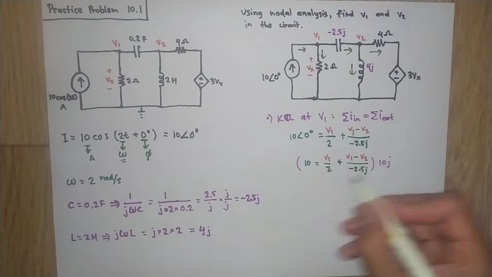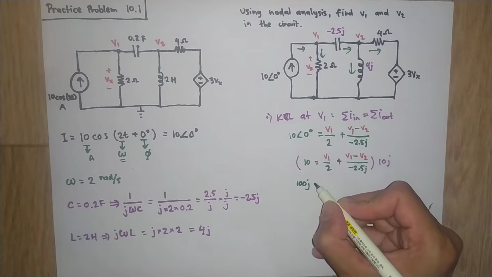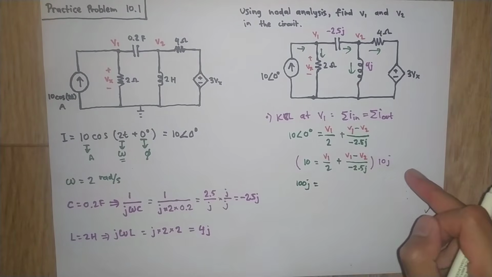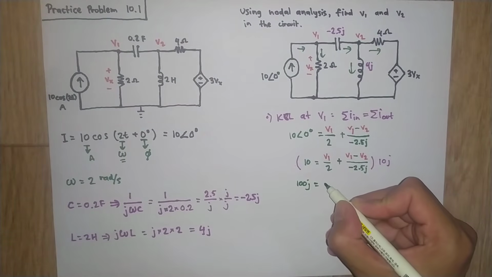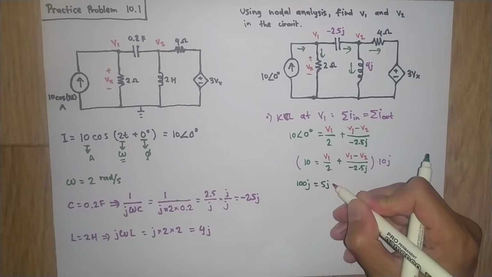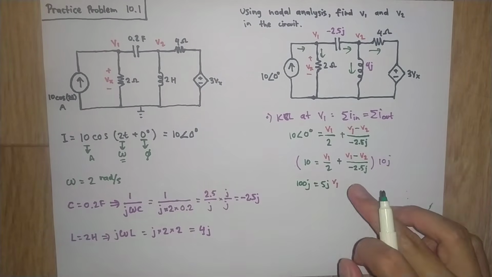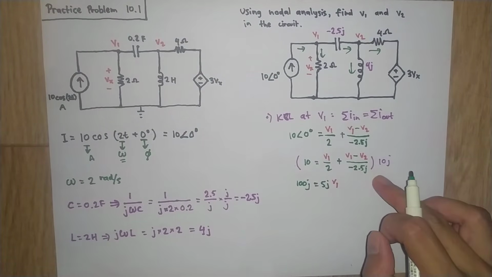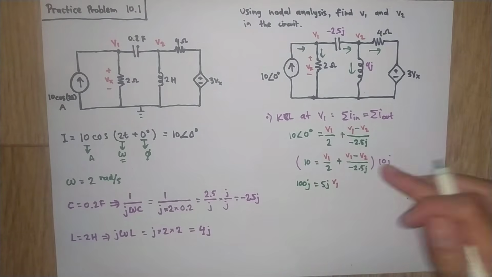So we will get 100J. 10 multiplied by 10J is 100J, and that will equal 2 multiplied by 10J is 5J. So I will have 5J and V1 right here. And now minus 2.5J multiplied by 10J is just minus 4, right?